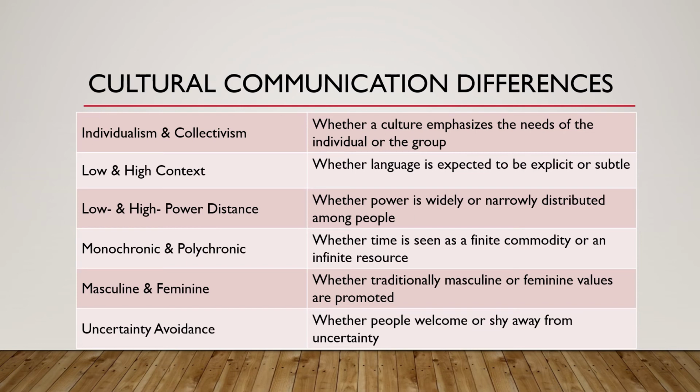So a culture can vary on whether they are individualistic or collectivistic. And so the first dimension is individualism versus collectivism. And this is the idea of whether a culture emphasizes the needs of the individual or the needs of the group. So more individualistic cultures emphasize individuals rather than the group: you should just be yourself, you should look out for yourself.